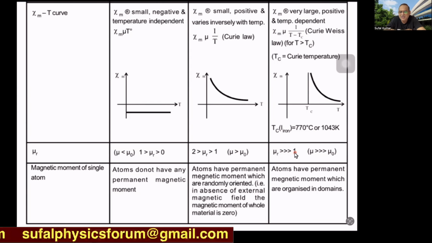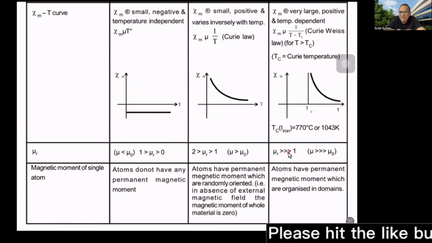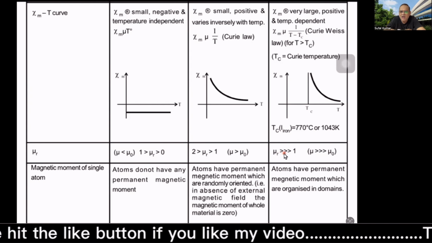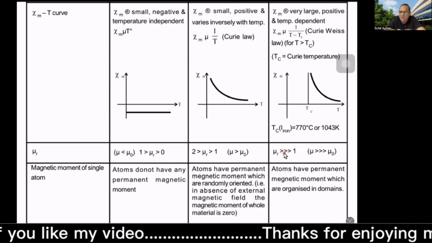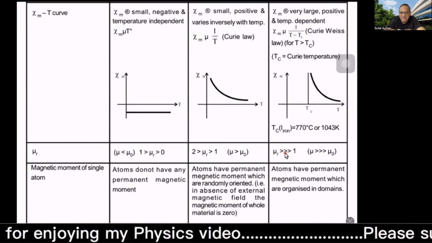Why? Because it has to demonstrate strong responses towards the external magnetic field in which ferromagnetic substances are kept. For example, iron, nickel, cobalt have mu r in the order of 1000, 2000, 3000, 4000, like this.